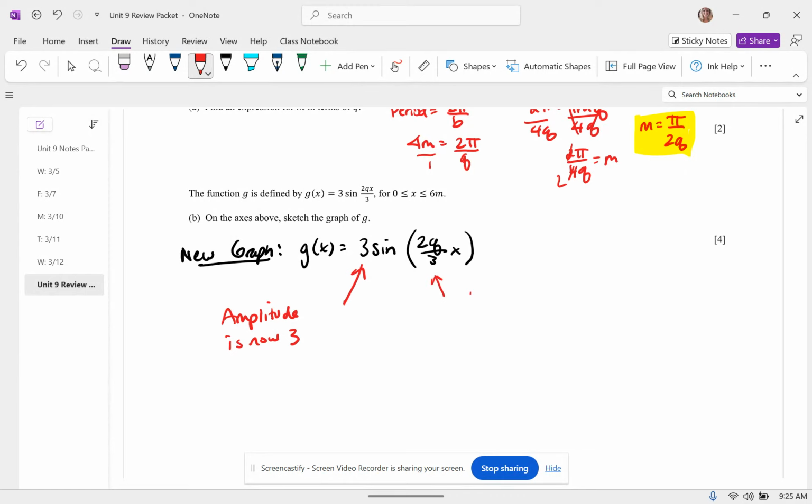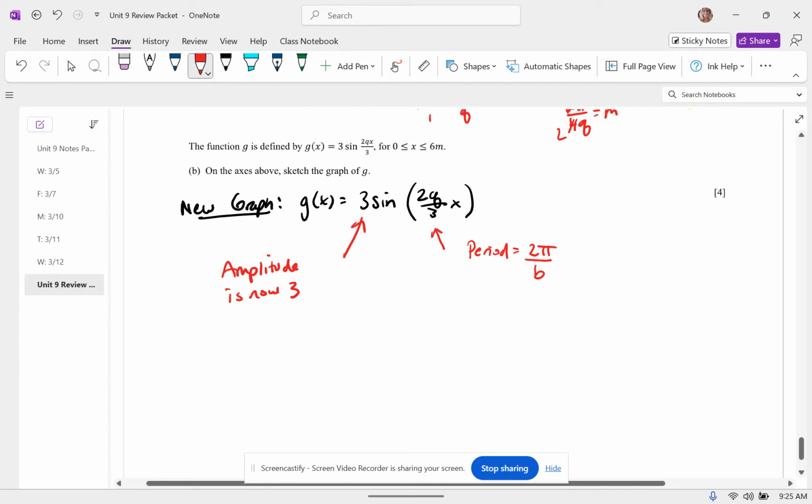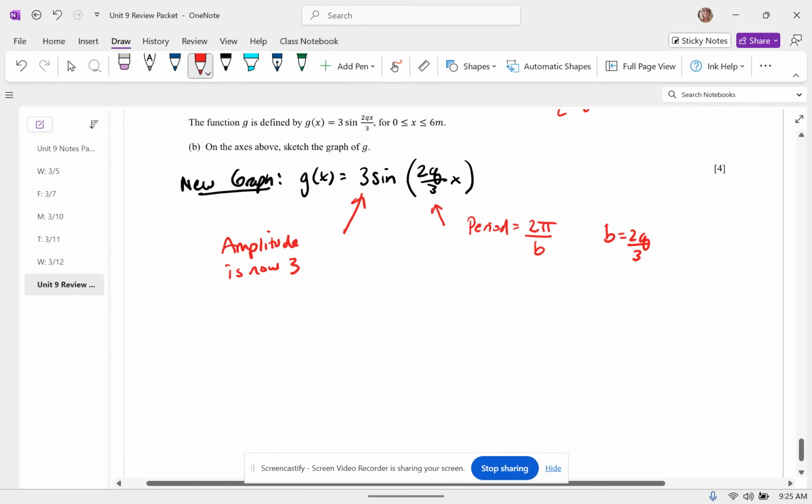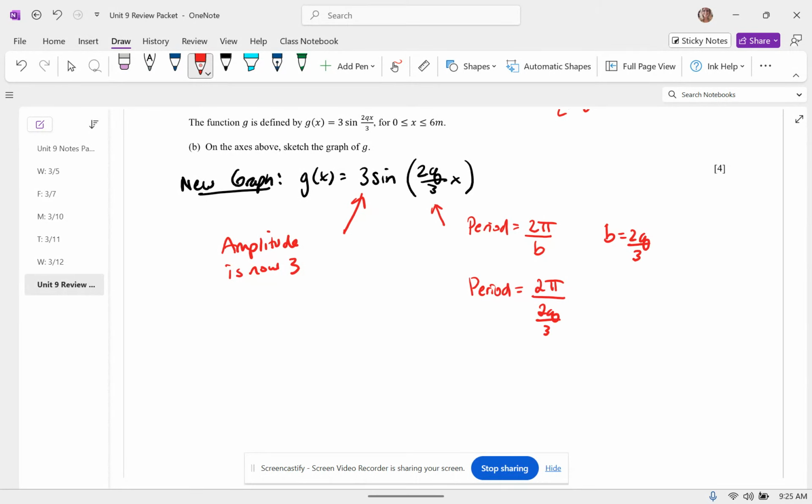So I have period equals 2 pi over b, because I have to sketch this. I know how much taller it's going to get, but I have to figure out how stretched out it is, how many patterns it's going to repeat in 2 pi. Up here in the new graph, I have 2q over 3 as my b. Let's substitute this in to find my new period. So I've got 2 pi over 2q over 3.